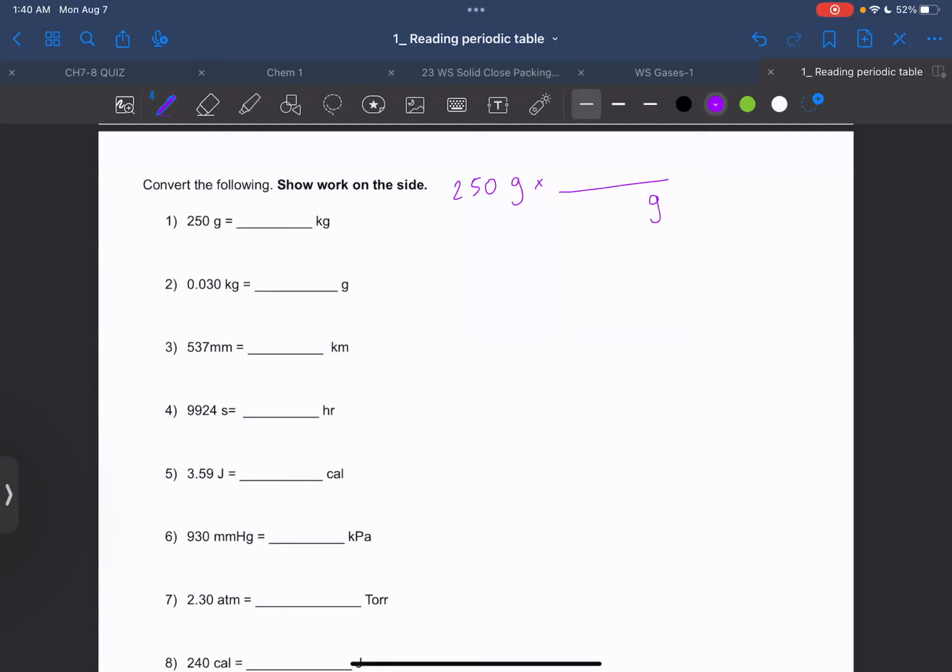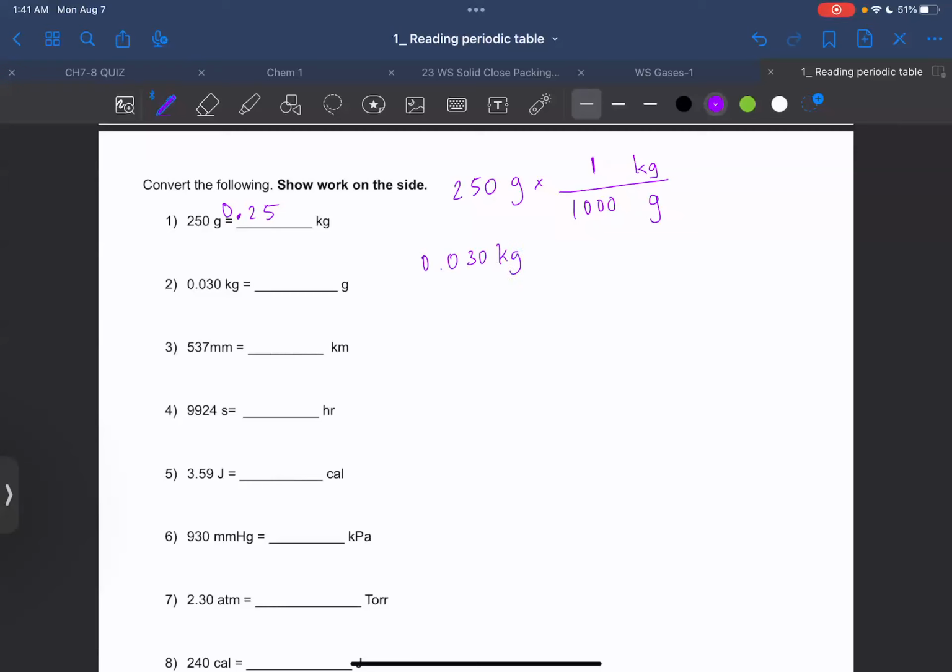In this case, you look in the equation sheet to see can grams go to kilogram, and it does. 1 kilogram is 1,000 grams. So you're basically dividing, and that will give you 0.25 kilogram. You can say 0.25 or .25. Either way, that is the same thing. All right, next one.